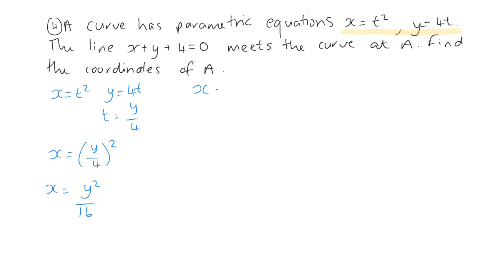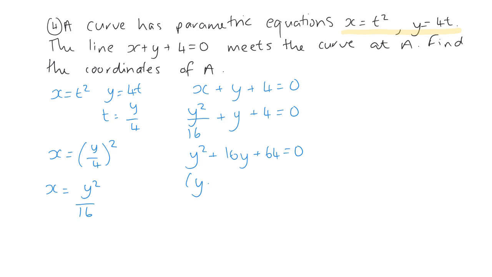So our line is x plus y plus 4 equals 0. So y squared over 16 plus y plus 4 equals 0. So first of all, multiply across by 16. Factorize your quadratic.